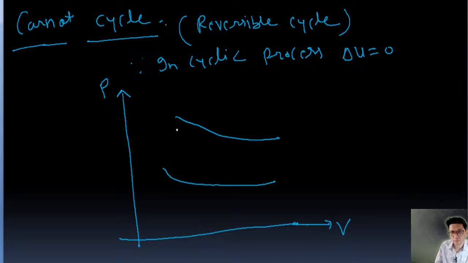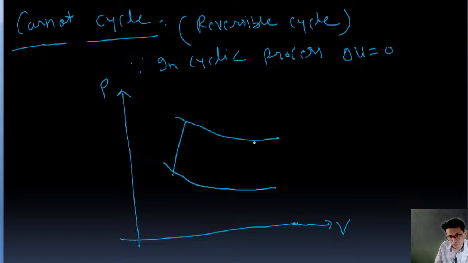These are isotherms. So this is A, this is B, this is C, and this is D. It's a cyclic process.